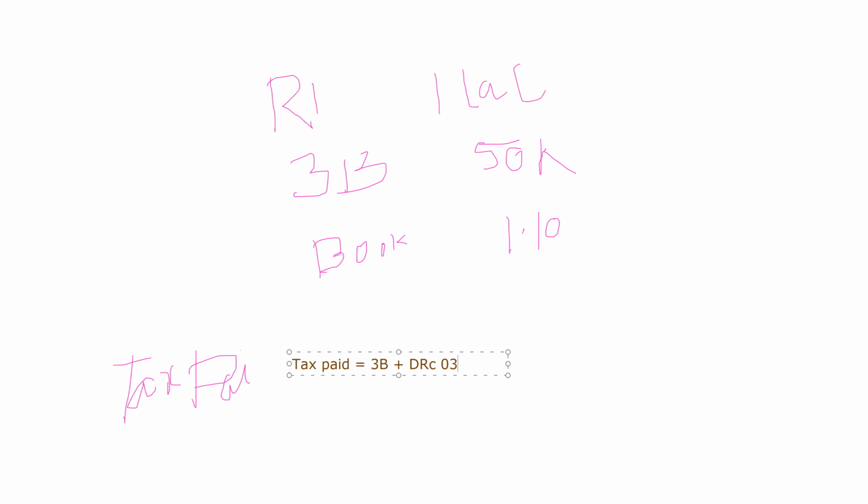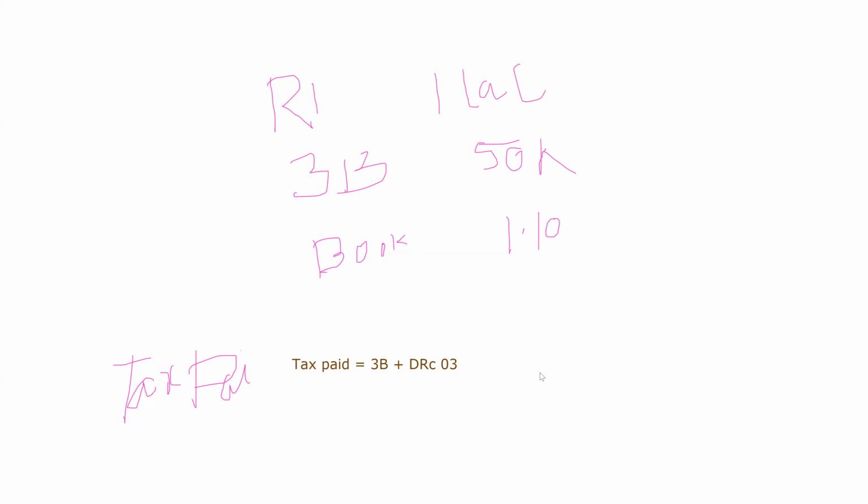If the tax paid according to me is 50,000, what goes to R9 is only 50,000. Even though books is 1.1, what goes to 9C is 1.1. What goes to 9 is only the amount where the taxes have been paid. The payment could be through 3B or through DRC03. 3B, when I say, covers previous year and current year. Knowing there is a liability which is not paid cannot form part of your annual return.